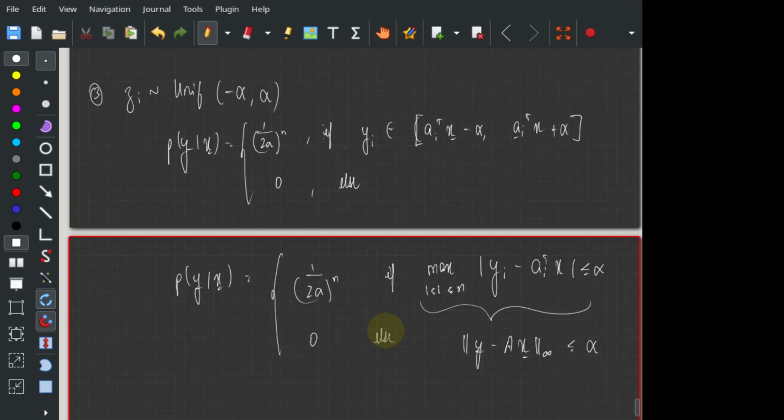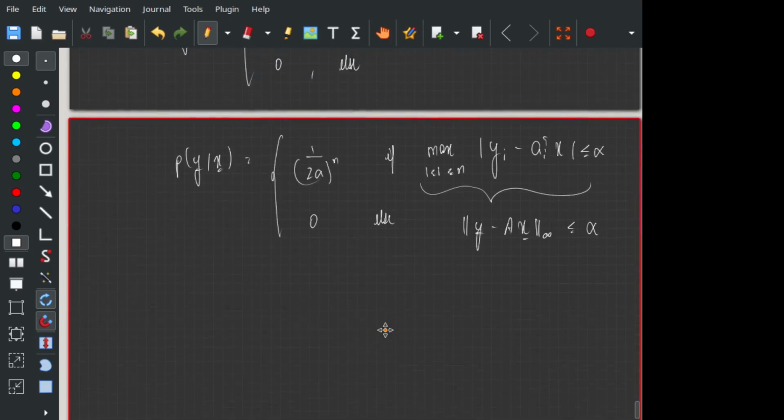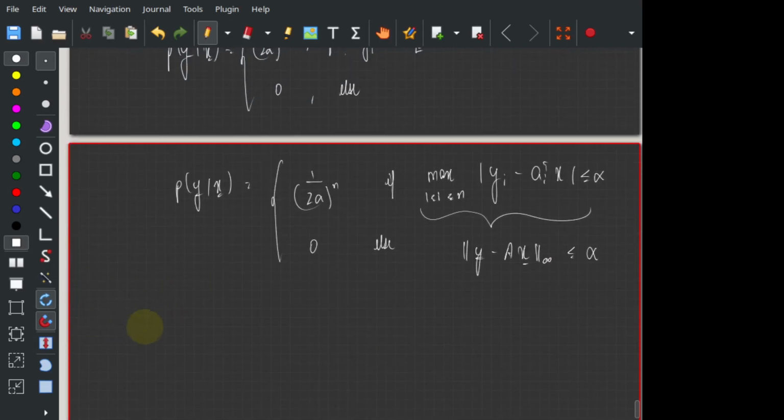Okay, so what is the optimization problem reduced to? This would be one of the possible solutions.